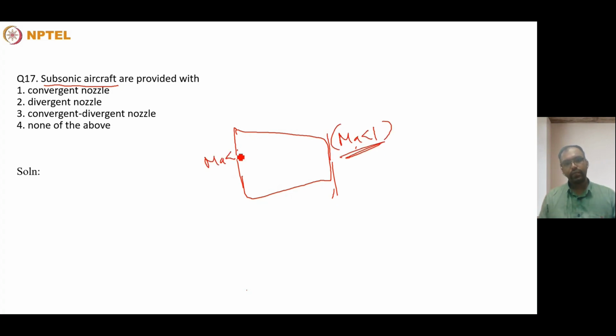So Mach number at the inlet will be very much less than 1. In order to increase Mach number, the converging duct needs to be provided. This converging duct will be acting as a nozzle for Mach number less than 1. So the exit will still be less than 1. So there is no question of Mach number going above 1. Because of that, the aircraft engine is provided with a convergent nozzle.